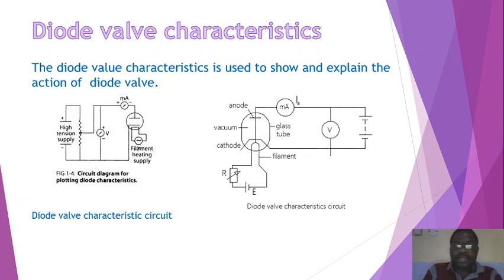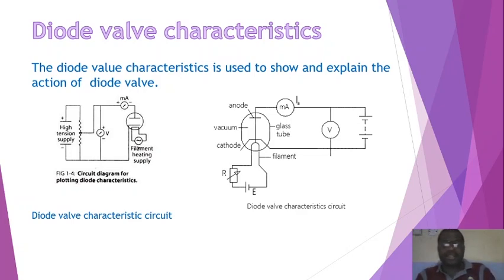The current that will be detected will pass through the milliammeter, which is the galvanometer. Now, there is also the potential difference applied across the terminal.